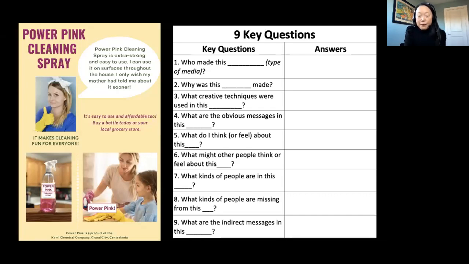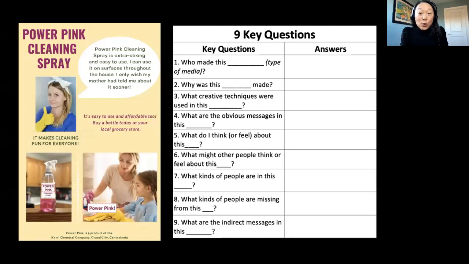All right, perfect. So this one's pretty easy for you guys, but I think this one is an important example. It might be simplified to prepare your students for utilizing these nine key questions when they use a real, authentic ad that they find. So this is you trying to teach them how to pick up the obvious messages, but also the indirect messages.